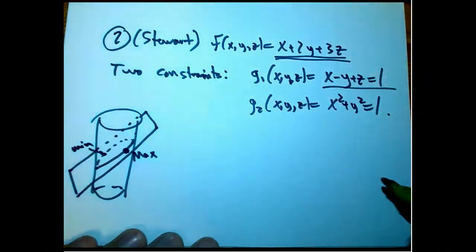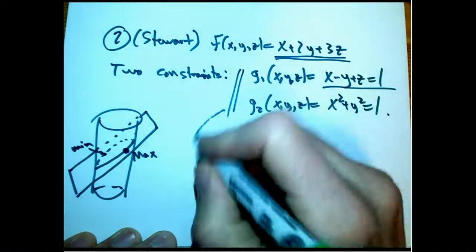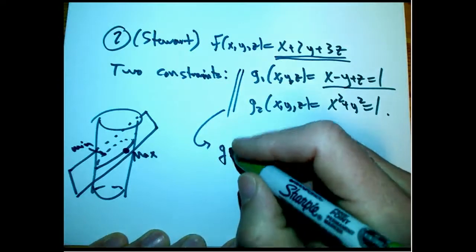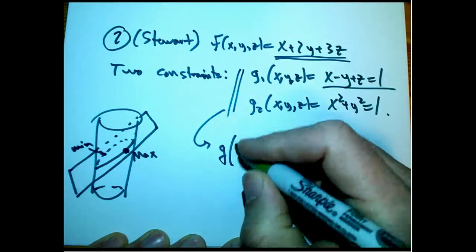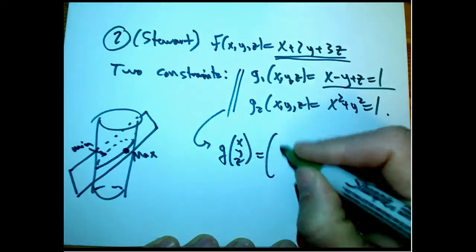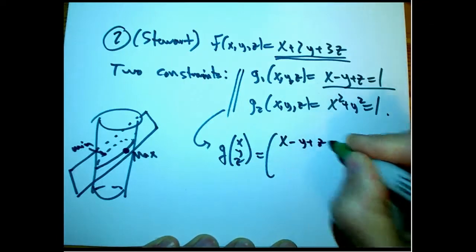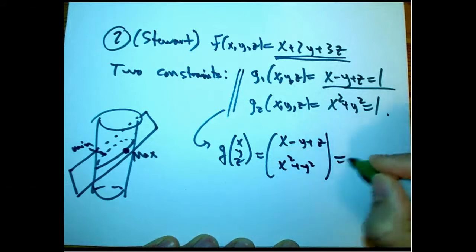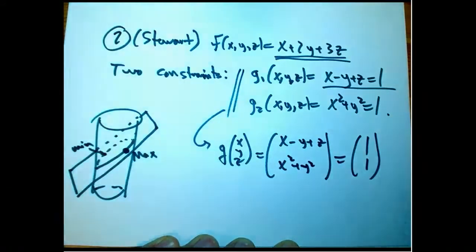So, in other words, we're going to say this in a little bit fancier way. We're going to say g, a vector-valued function, a function from R3 to R2, and, well, let's write it as a column vector, is x minus y plus z, x squared plus y squared. And we're going to set that equal to (1, 1). So that's just packaging both constraints up into one function.